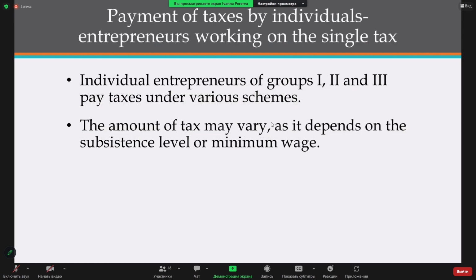Okay. Also, it's important to remember that as an entrepreneur, you can work on different tax groups. You can use a single tax or the general taxation system, or pay tax according to the scheme for the different groups. The amount of our taxes may vary, and it depends on the subsistence level or minimum wage in our country.